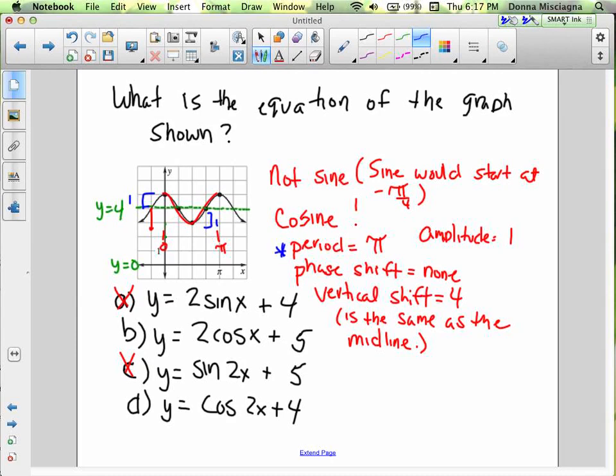All right, so to find the period of cosine, we take 2 pi and divide it by b. Now when we divide 2 pi by b, in this case, we got pi. Right? So now we want to solve for b here, and I think you can probably figure it out, but let's just actually go through the steps of solving for b. All right, so to get b out of the denominator there, we're going to multiply both sides by b.